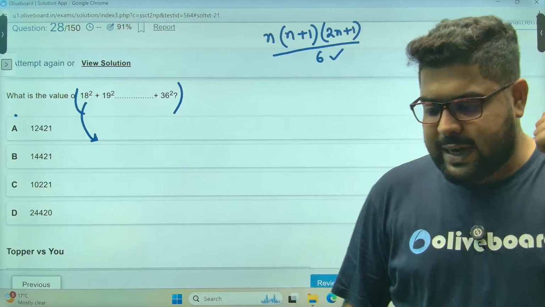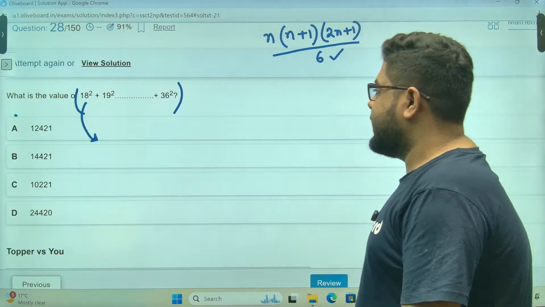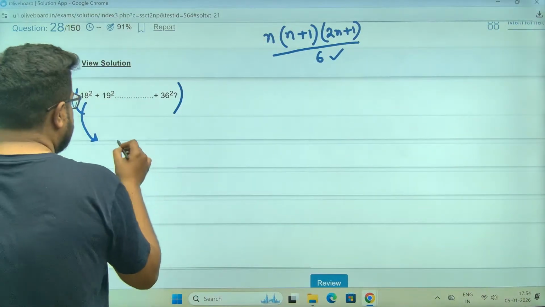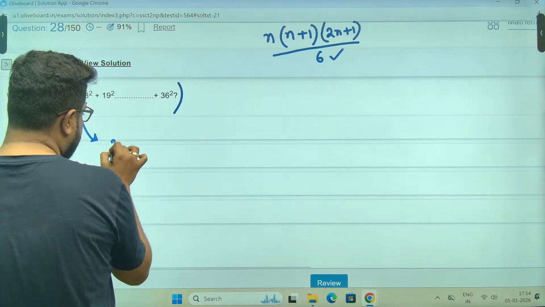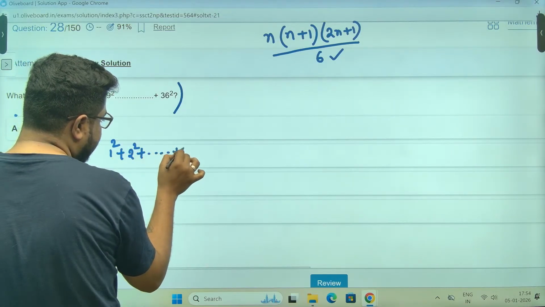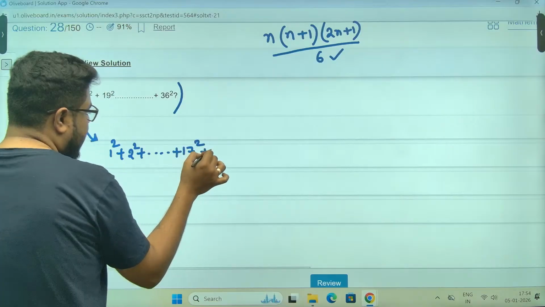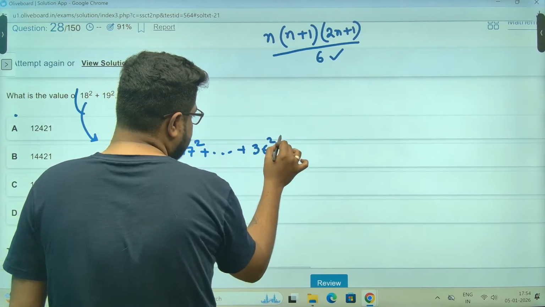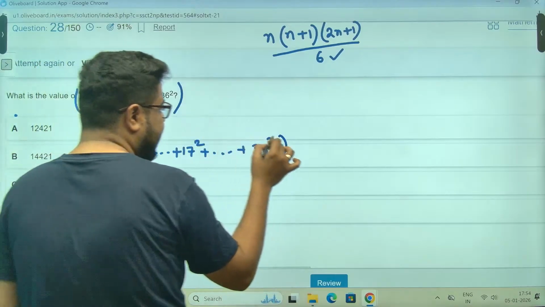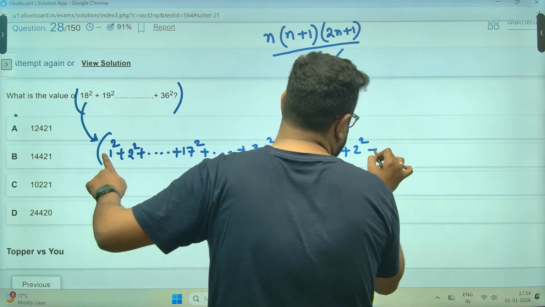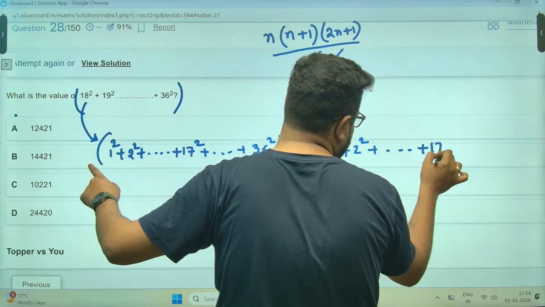Here it is starting from 18. So how can I make it start from 1? Sir, I can forcefully add 1 square plus 2 square till 17 square, and till 36 square was there. And whatever I've added forcefully, I have to subtract, sir.